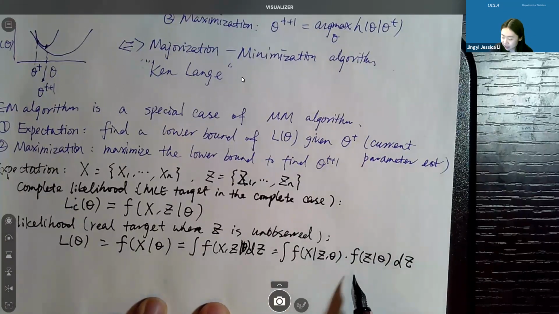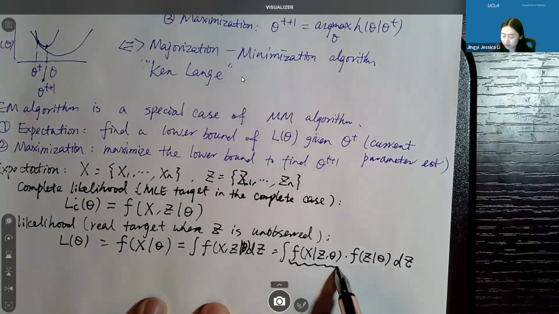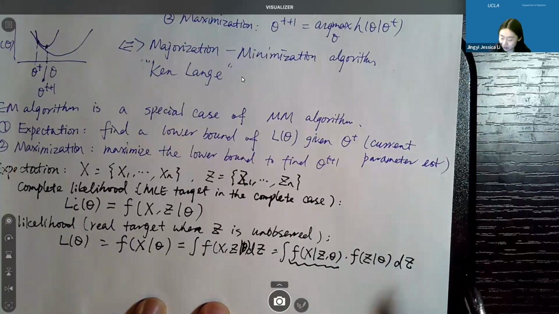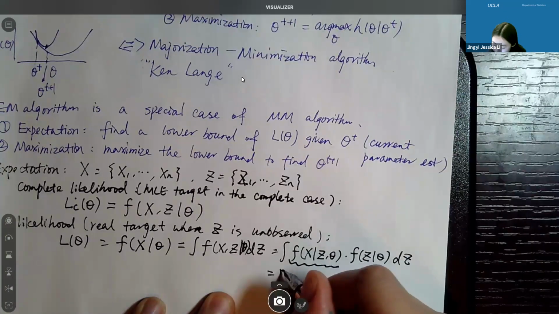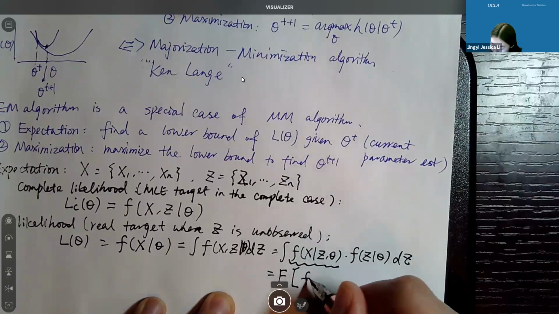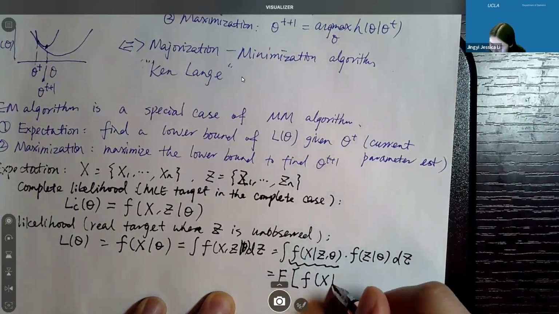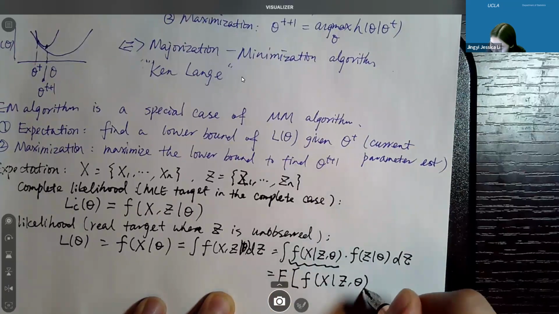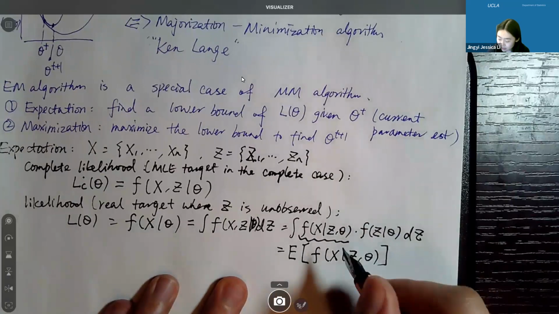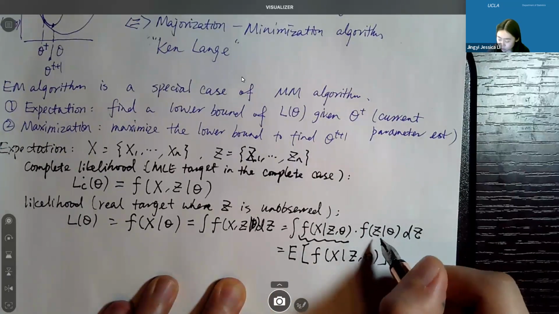And then you can see clearly this is just an expectation, because we have a function of z times the density of z, dz. So this is the expectation of f of x given z and theta. We can write it this way, and this expectation is with respect to z.